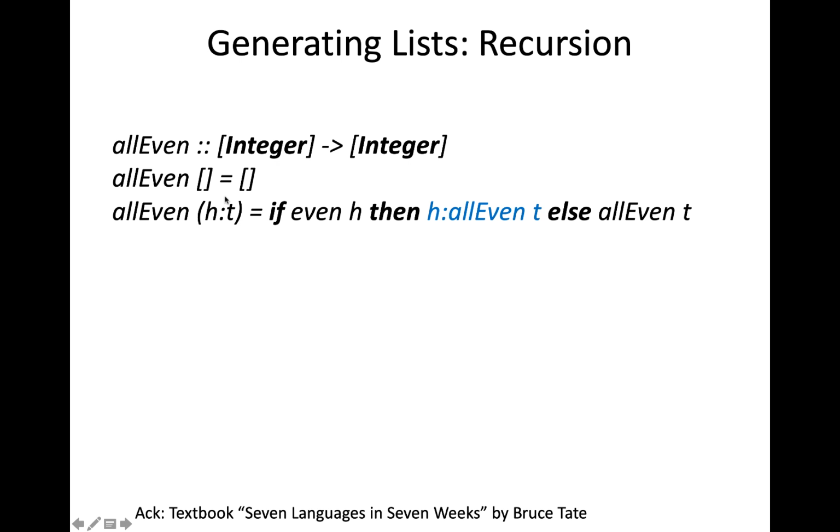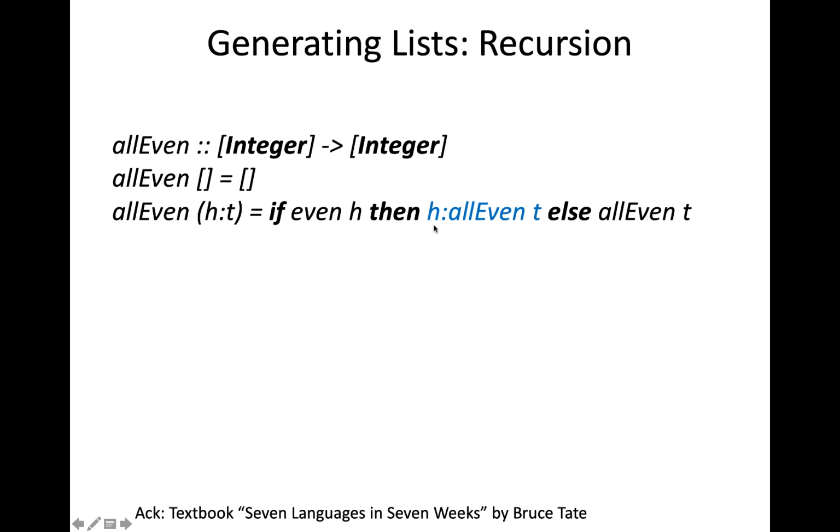So in that case, we have to check if head is even. If head is even, then the output should be head concatenated with whatever even numbers we have inside tail, right?